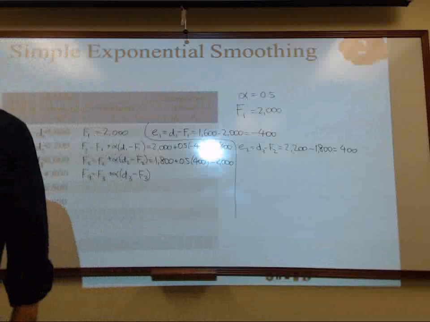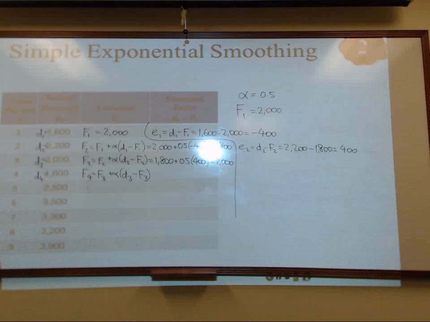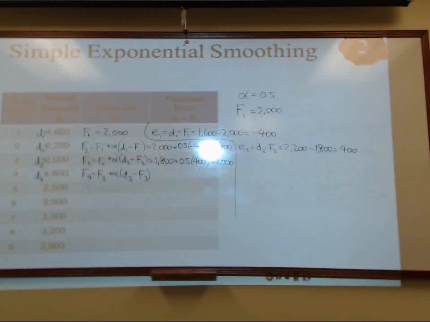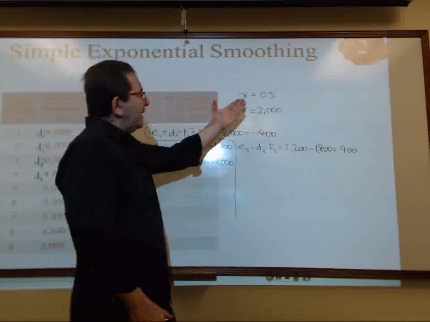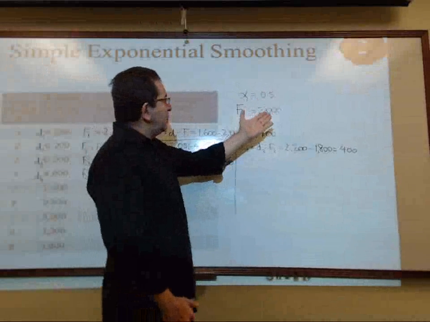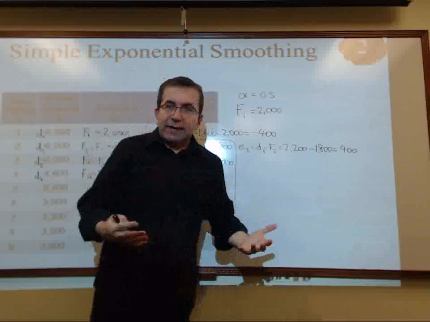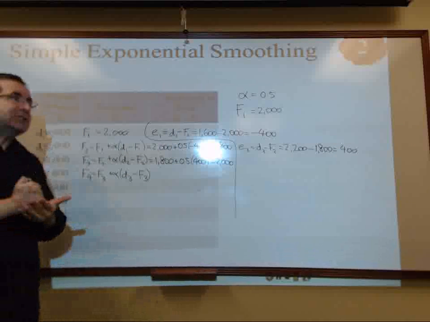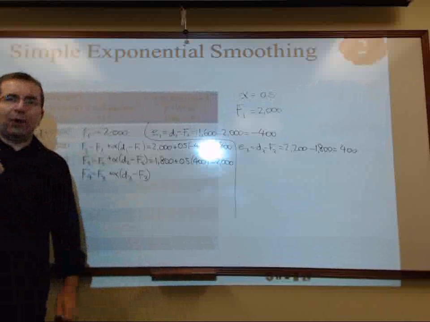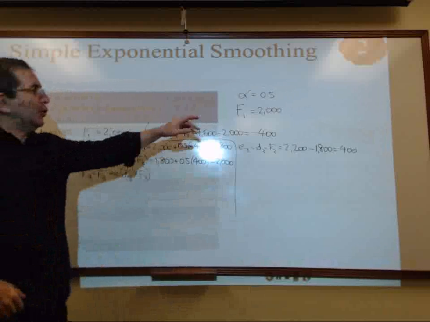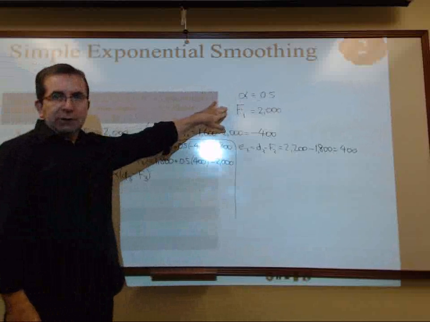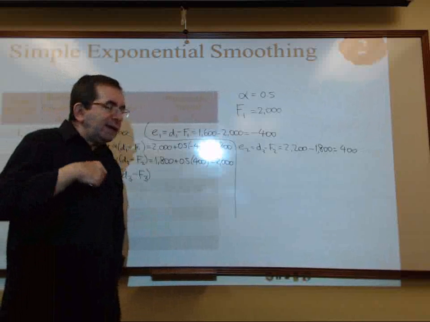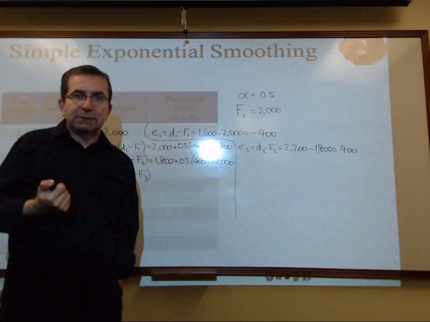Okay? So now, at this point, you may be wondering, so how do you pick alpha? How do you pick the initial forecast? How do you pick n? Okay, there is no scientific way to determine these values. Okay, what people do is they try different alphas.